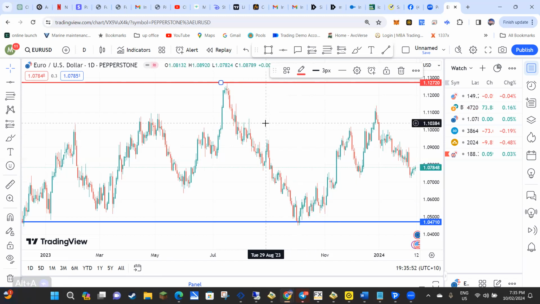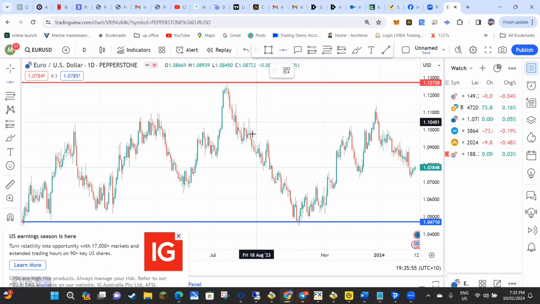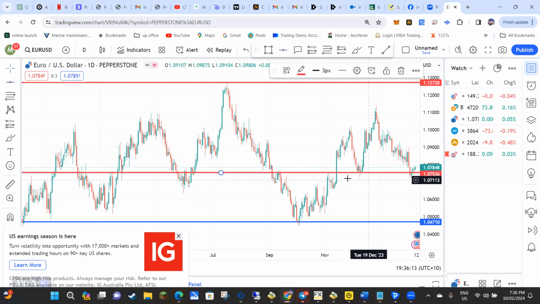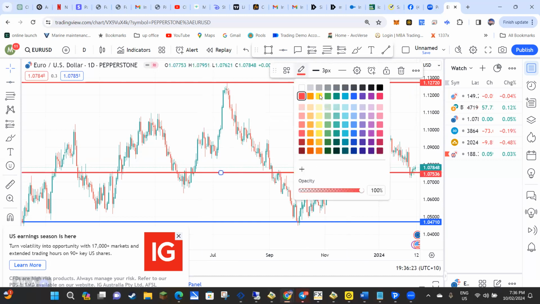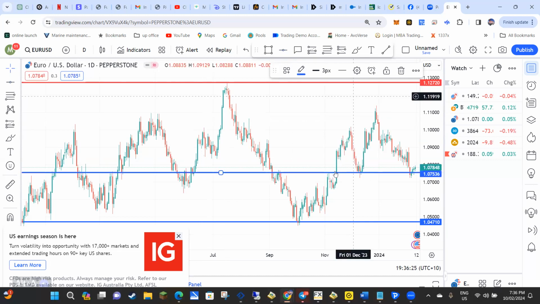I may end up with a line, for example, a line that is just here. Okay, and this here could also be, make this a blue line, even though I've got this line here right in the middle of everything.